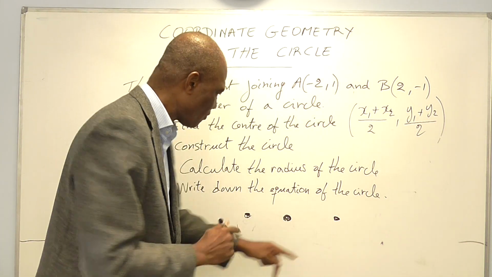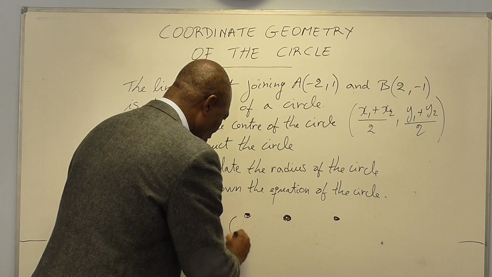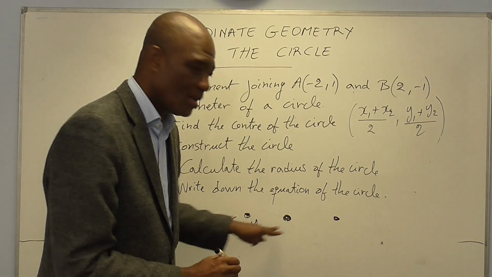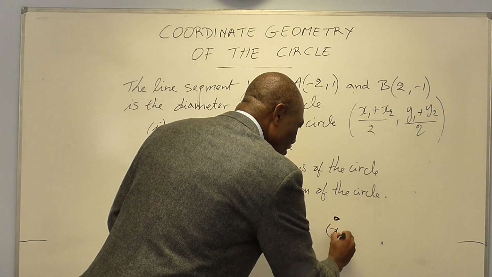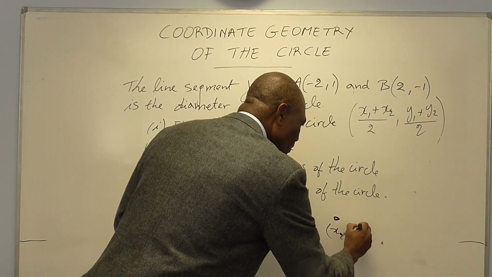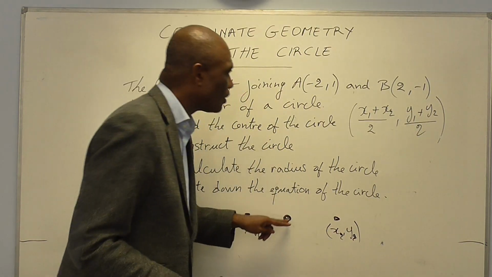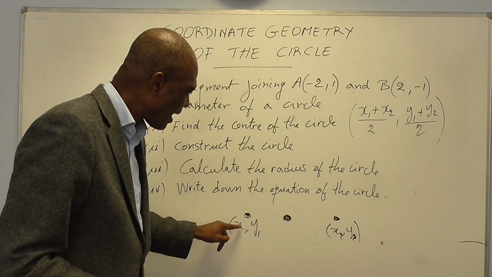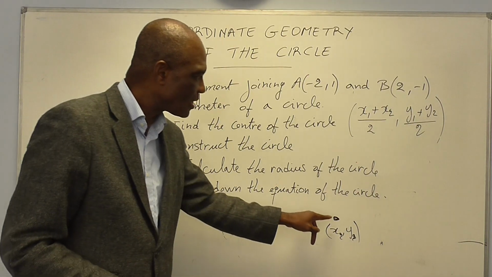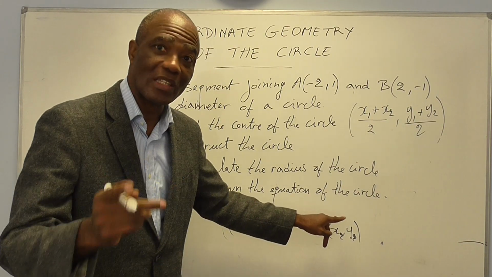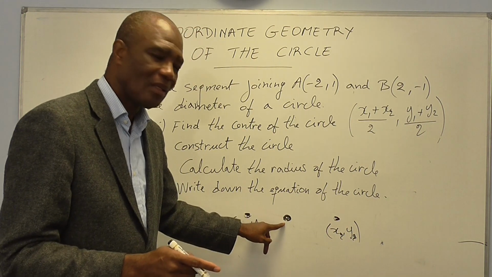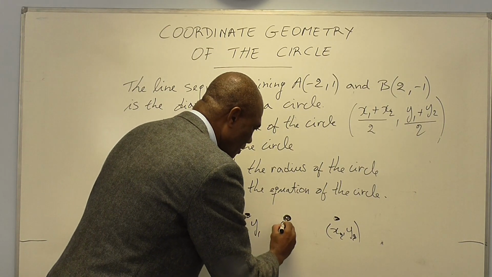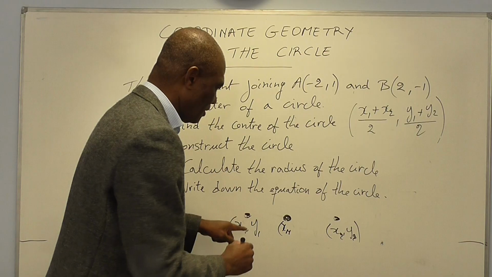So if we consider this point with the coordinate x1 and y1, and this with the coordinate x2, y2. This formula means if you add the x value of this point plus the x value of the other point, and you divide by 2, you get the mid value of x.